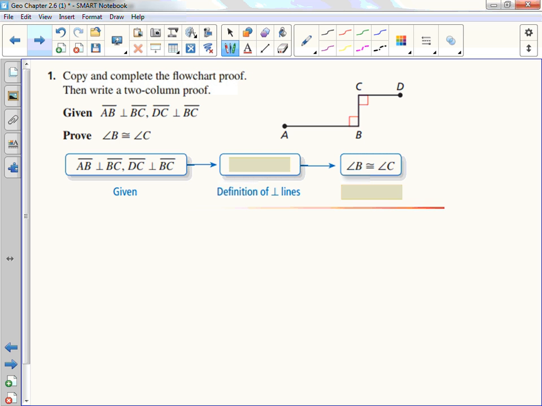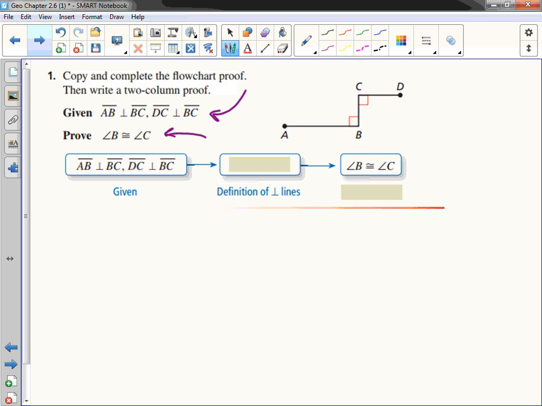So this one here, we have a few blanks missing, so we're going to start with those. Now again, we always start with the given information, what was told to us. This here is our given information. This is what we want to prove.